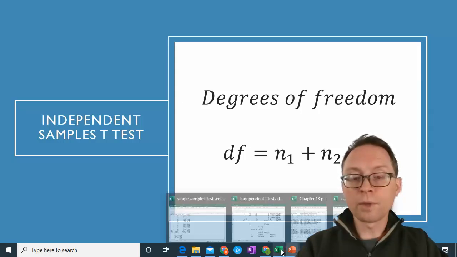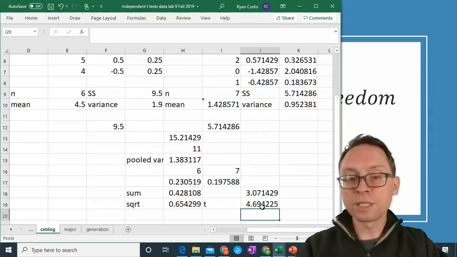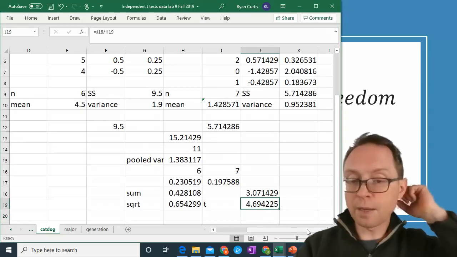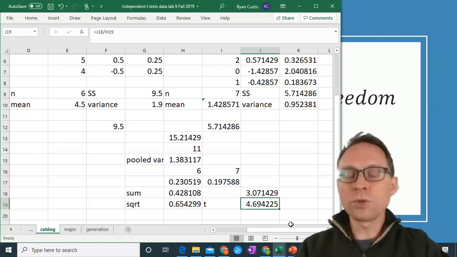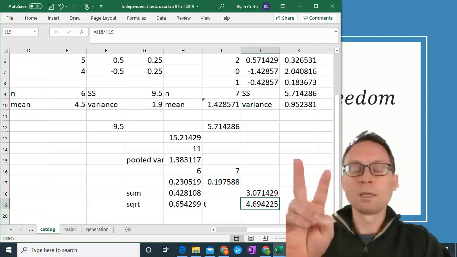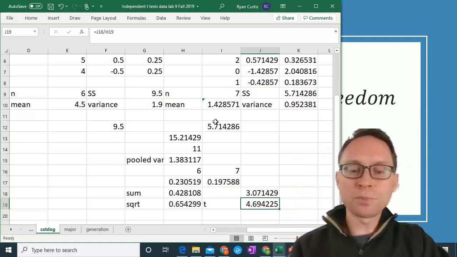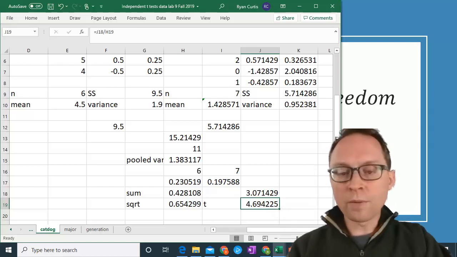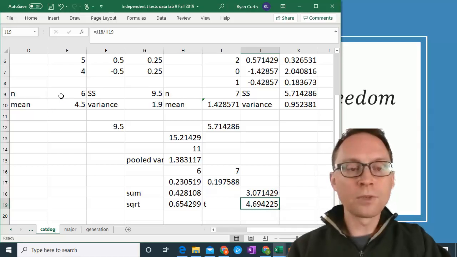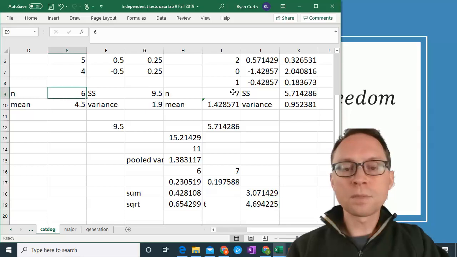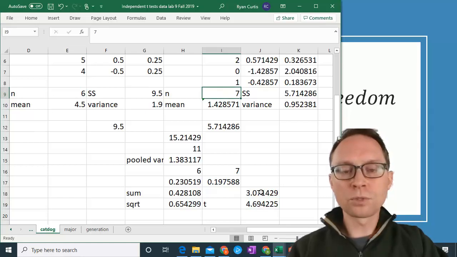All right, so remember when we calculated this, the actual T statistic we got is this, 4.69. So let's do a two-tailed t-test with alpha equals 0.05. And remember, we've got a degrees of freedom of 6 plus 7 minus 2. So 13 minus 2 is 11.